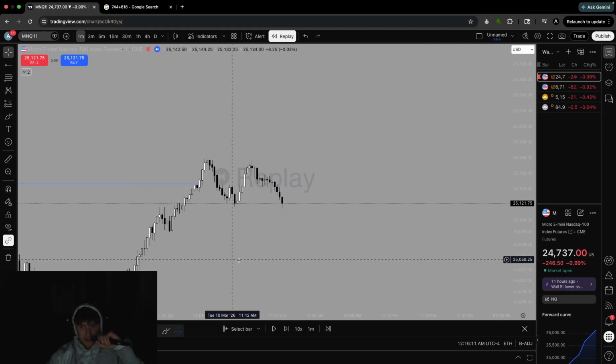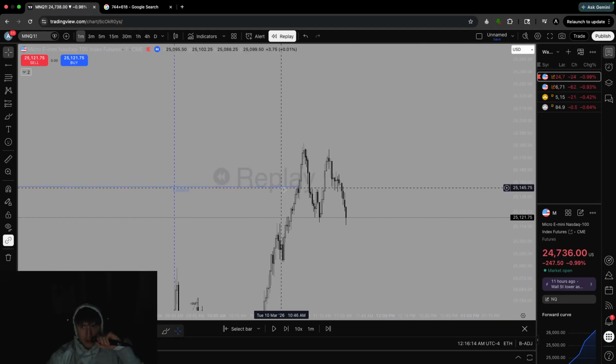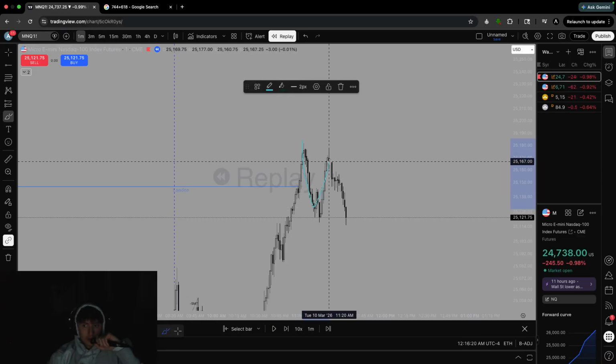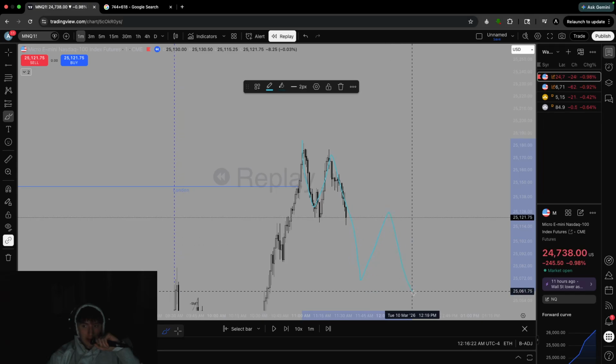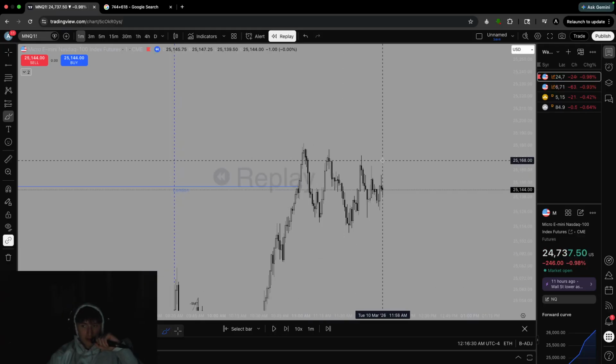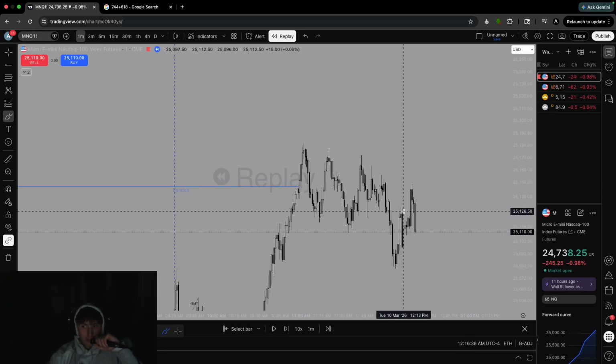But yeah, I don't want to be doing all that. I do see a double top here with a lower high, which usually means it's the start of a downtrend. That's another lower high, and another, and another, and another.